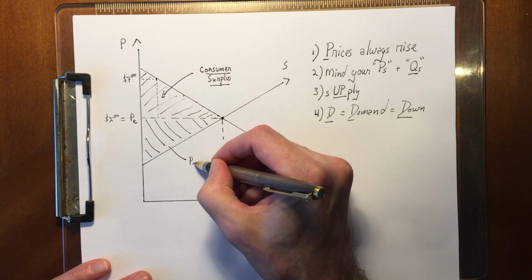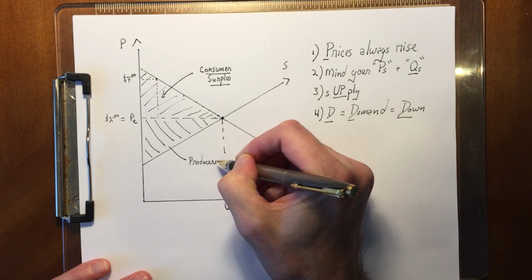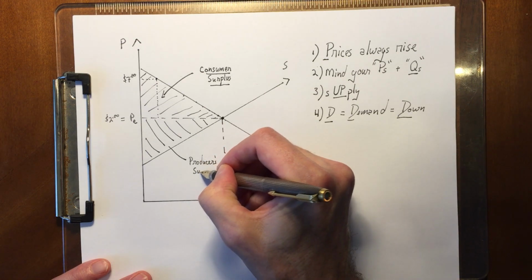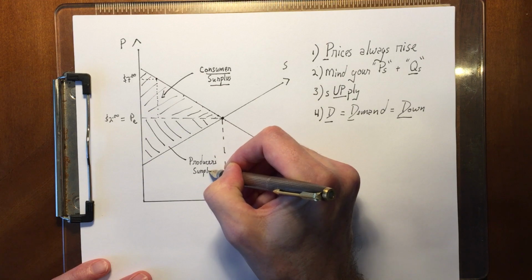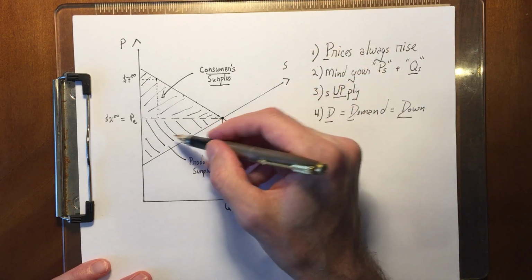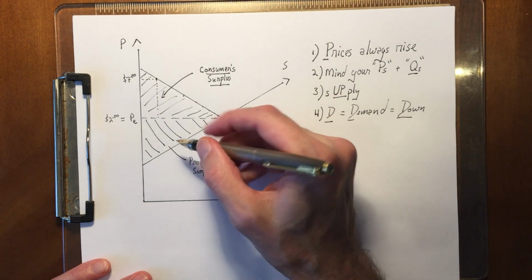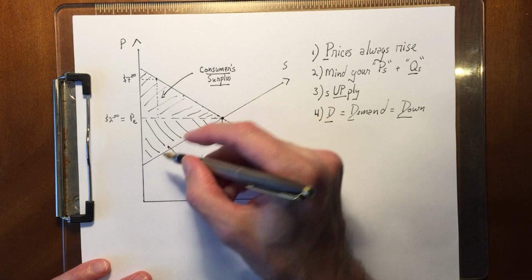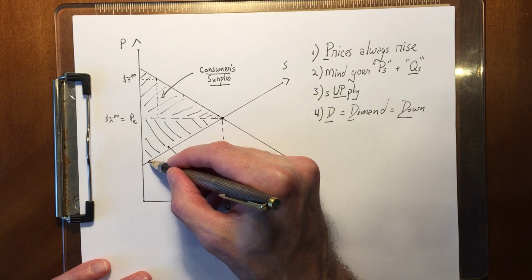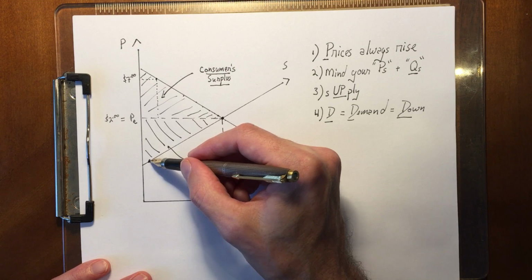So we could call this consumer surplus. Producer's surplus is the fact that a producer, at least initially at low quantities, might be able to produce something very, very efficiently.